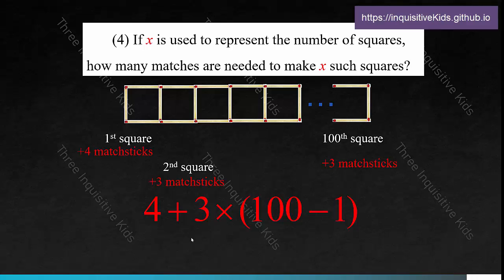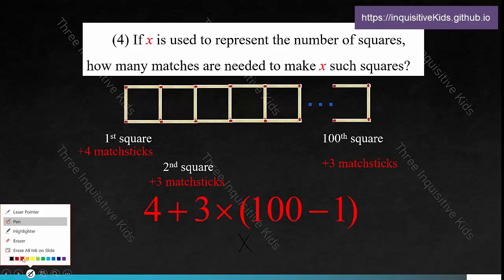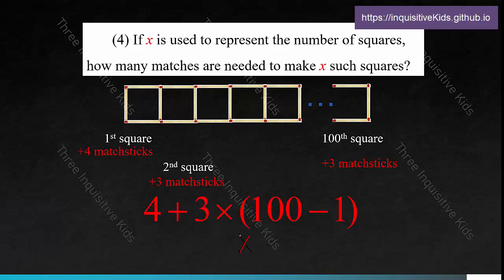So basically, the 100 had an x in its place at first, but then we decided to pick a random value for x, because over here you could also think of it as x equals 100 in this case. So it would also work if we just put 4 plus 3 times the difference of x minus 1.